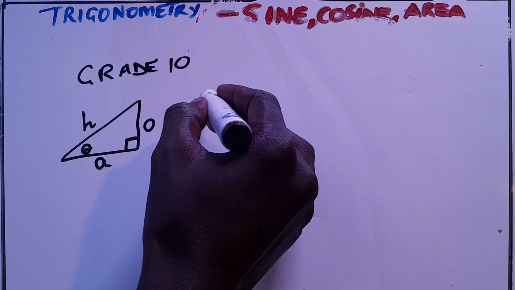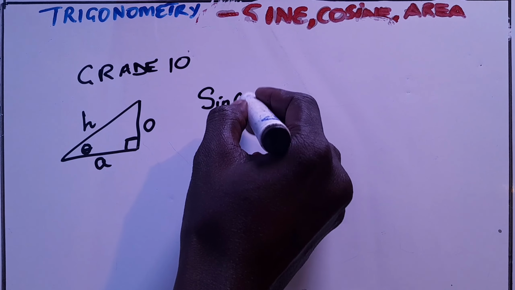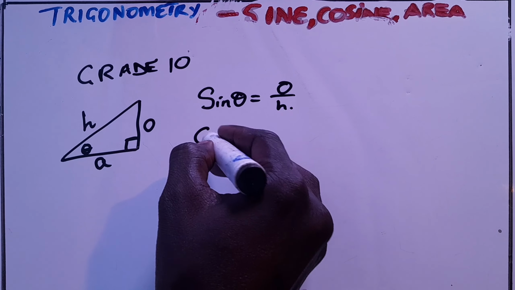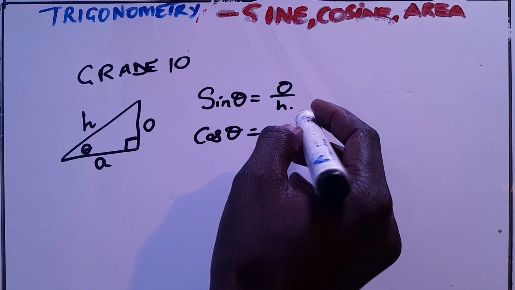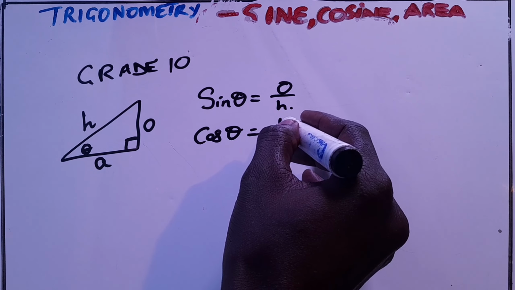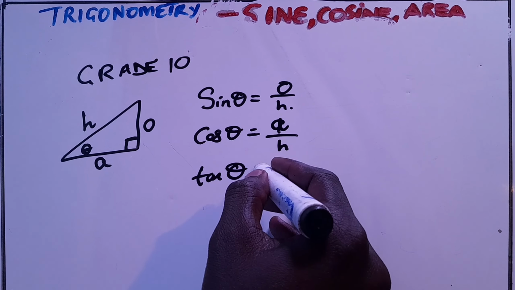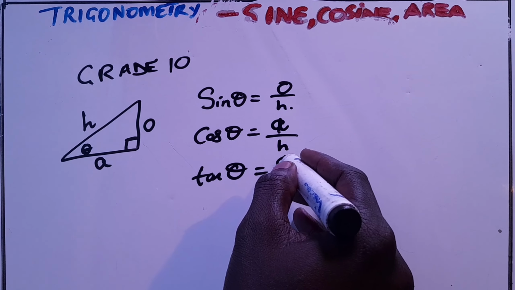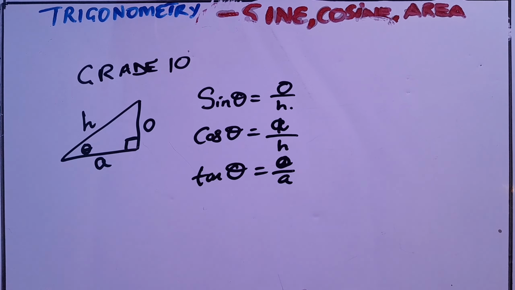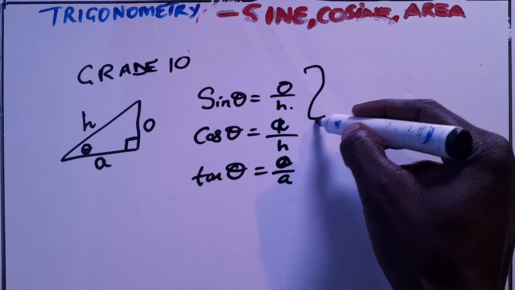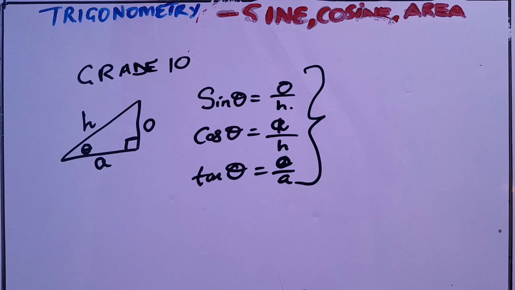Our ratios are defined as sine theta equals opposite over hypotenuse, cos theta equals adjacent over hypotenuse, and lastly tan theta equals opposite over adjacent. These are what we did in grade 10, most of it.